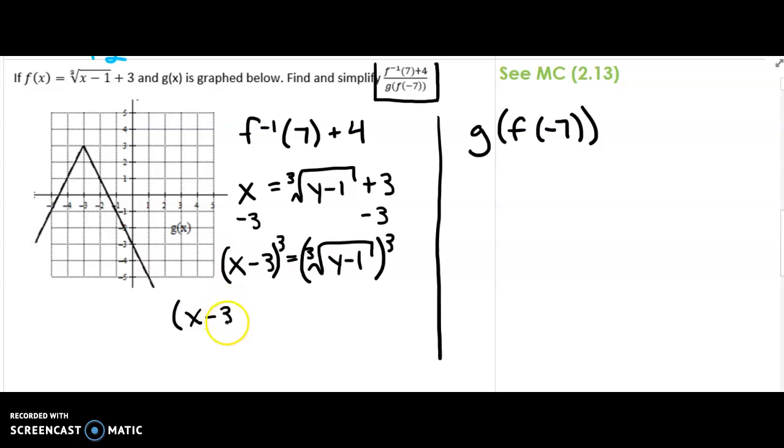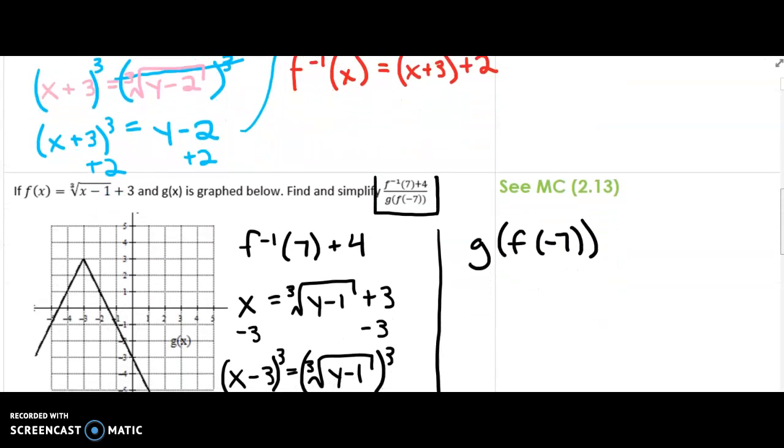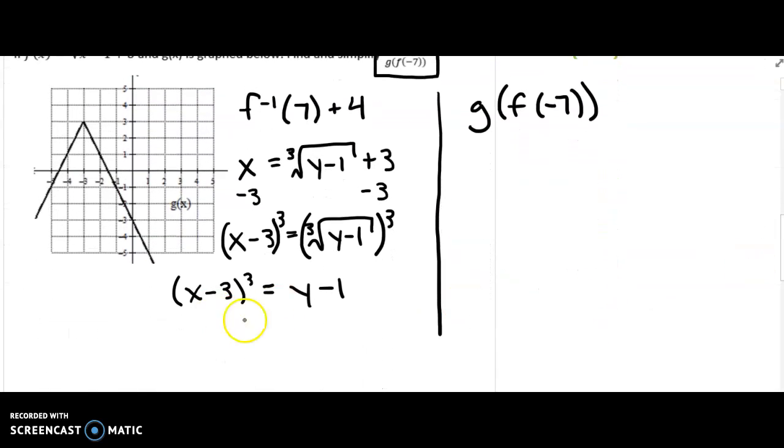So I have (x minus 3) cubed equals y minus 1. Is this the same? No, it's not. Super similar to the one we just did, but not quite the same. So I add 1 to both sides, and I'm going to rewrite y as f inverse, so f inverse of x equals (x minus 3) cubed plus 1.